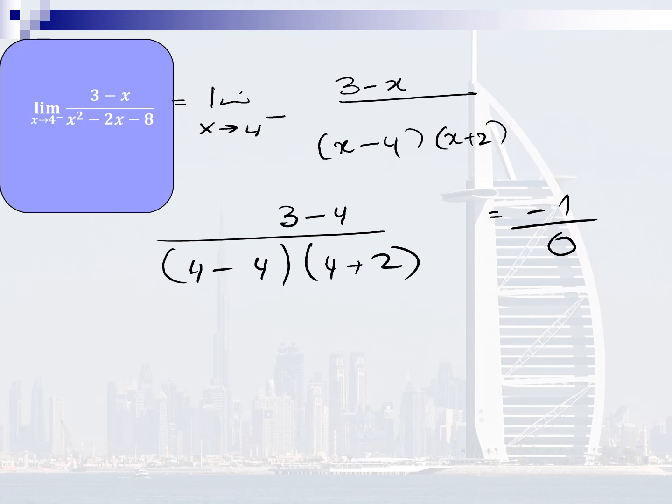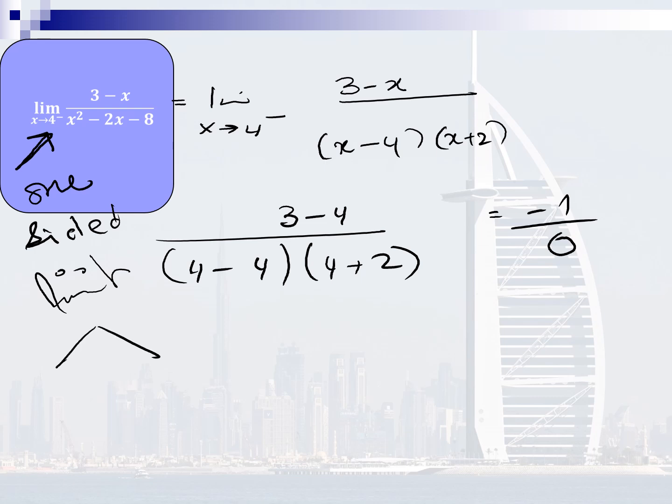And now I have seen that this is a one-sided limit. If it is a one-sided limit, my answer will be either negative infinity or positive infinity. Now how to decide negative or positive infinity? By using a number from the left side of the 4.